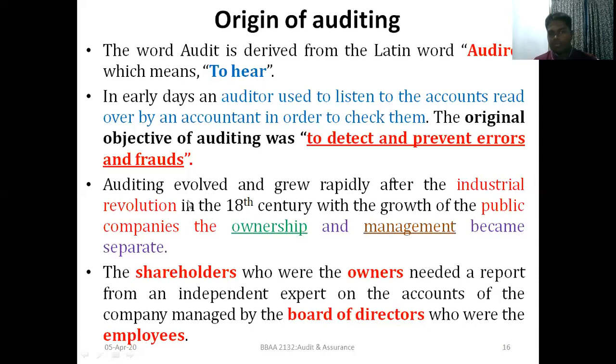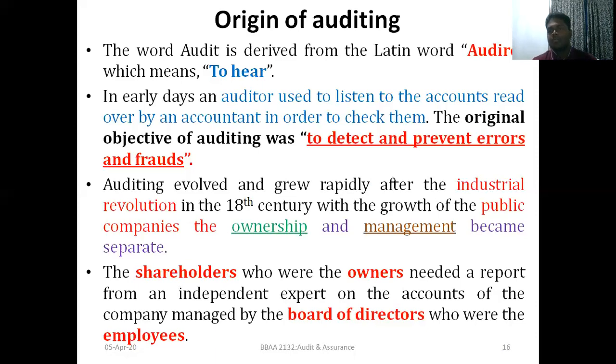With the growth of public companies, ownership and management became separate. You should understand this clearly: what's the meaning of ownership, and the management. After people purchase the ordinary shares from the company, all the shareholders are called the owners of the company.